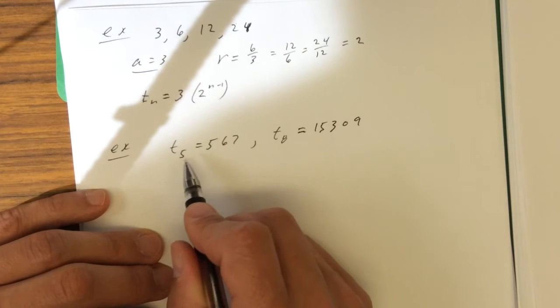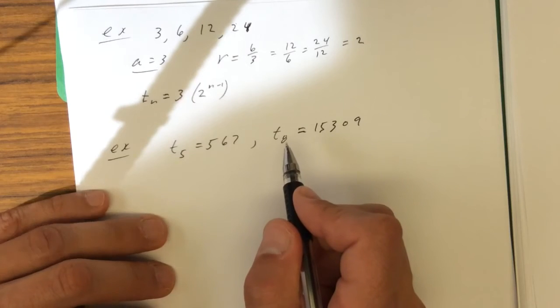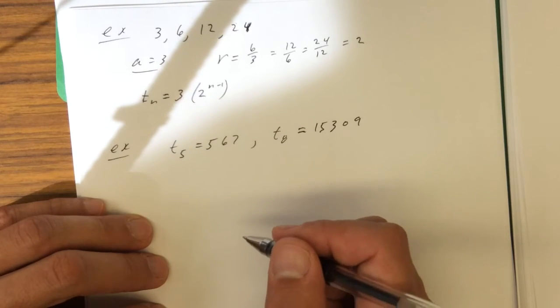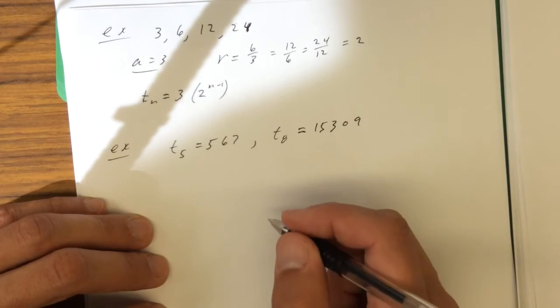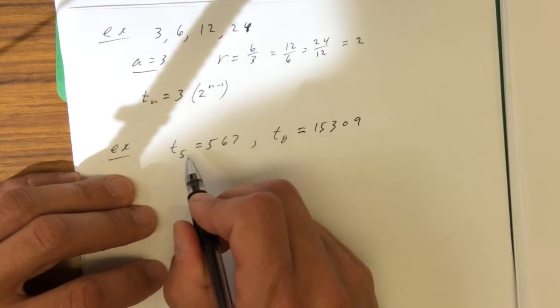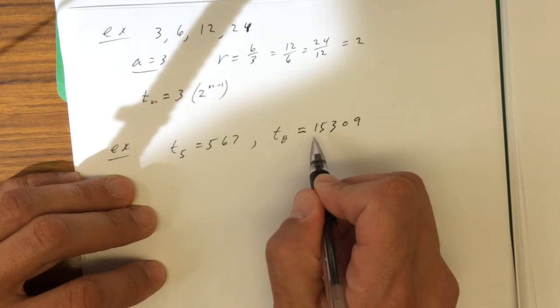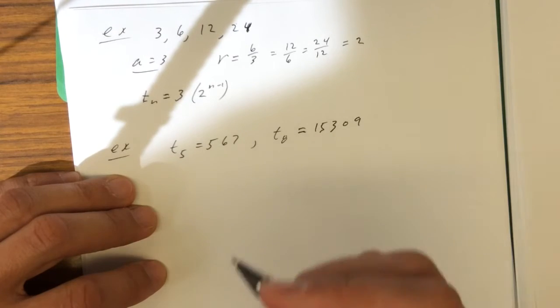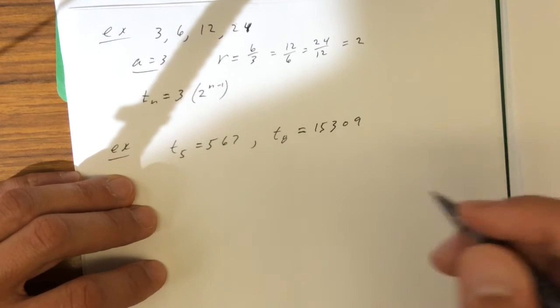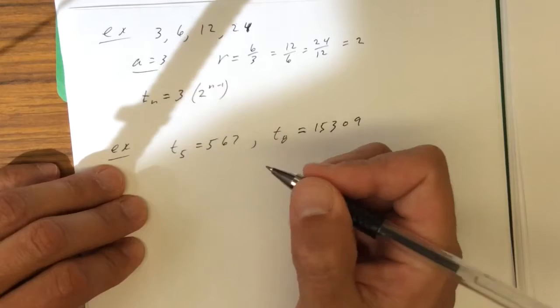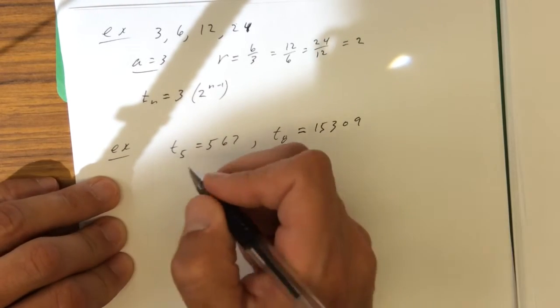So you're going to multiply by R 3 times, and when you do that, that's going to give you R cubed. So to go from T5 to T8, you're going to be multiplying by R 3 times. R times R times R is R to the 3. And I'm going to show you that here.